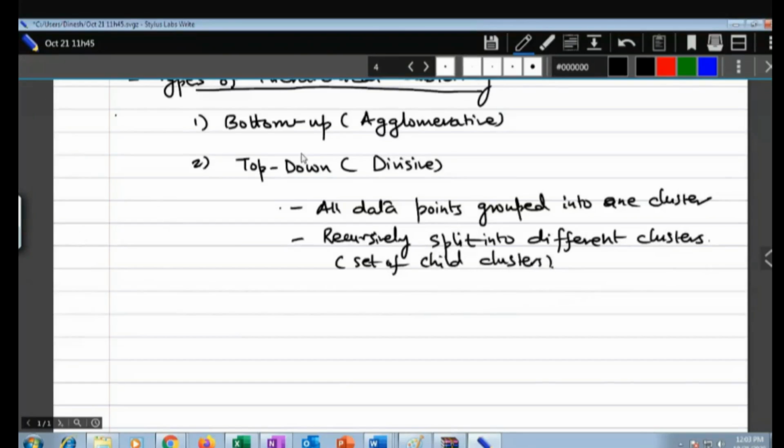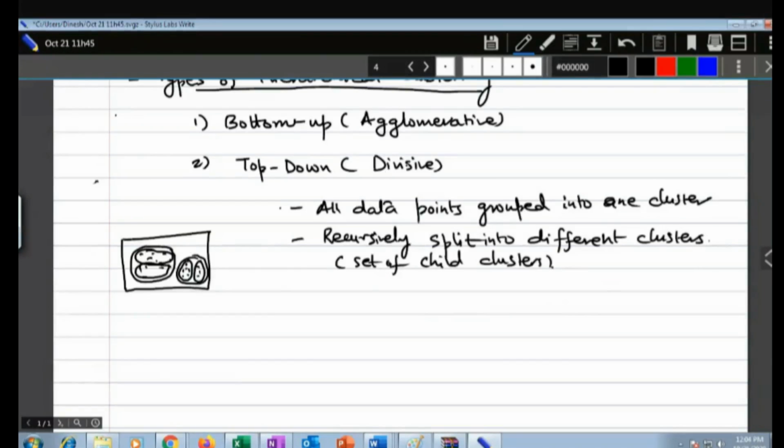For example, let's say you have this data and all these data points here and somewhere here. All are considered as one cluster. Then you will have the next two child clusters, then again one child cluster within this, one more within this, one more here, and you go on dividing.